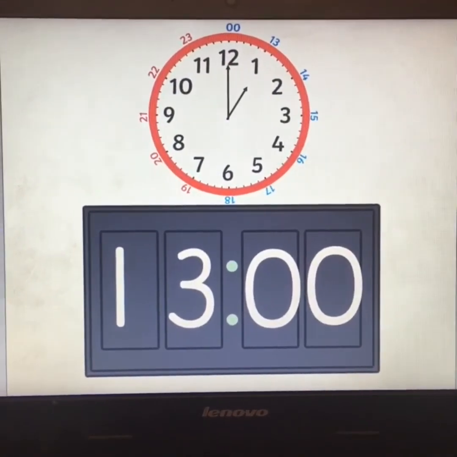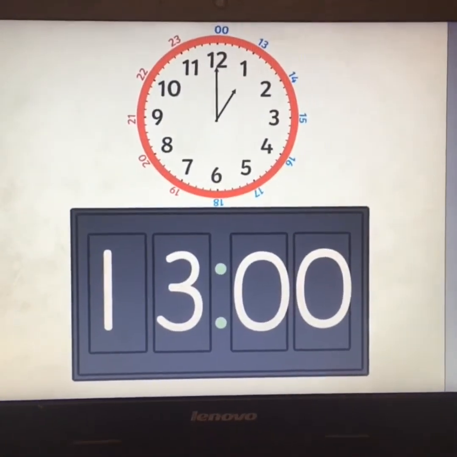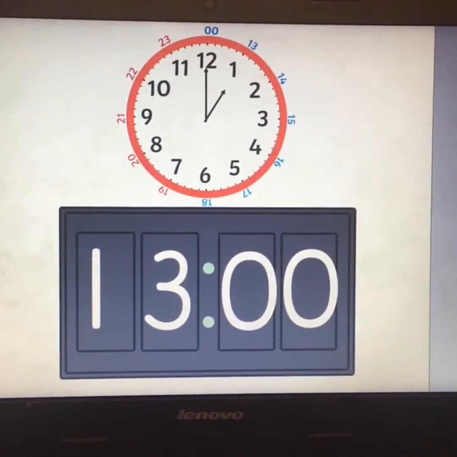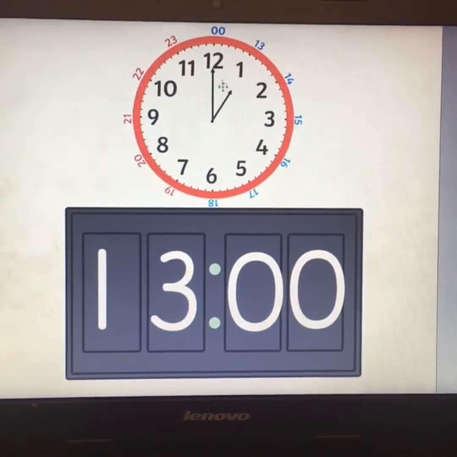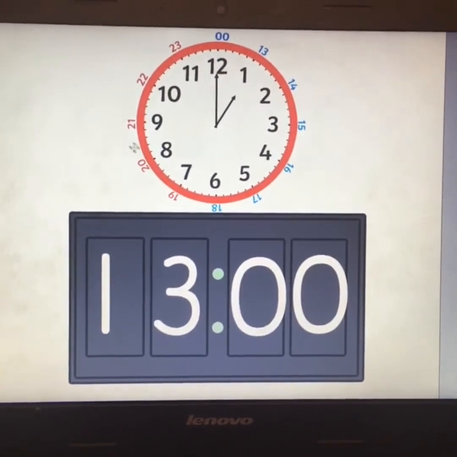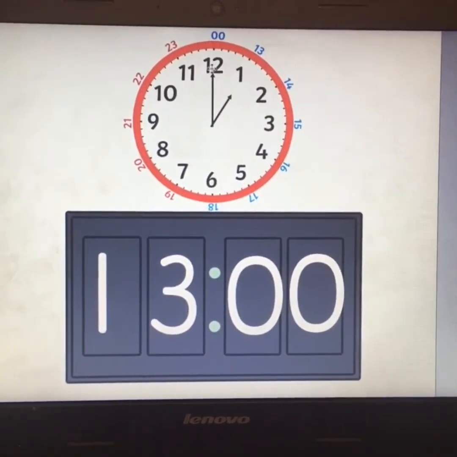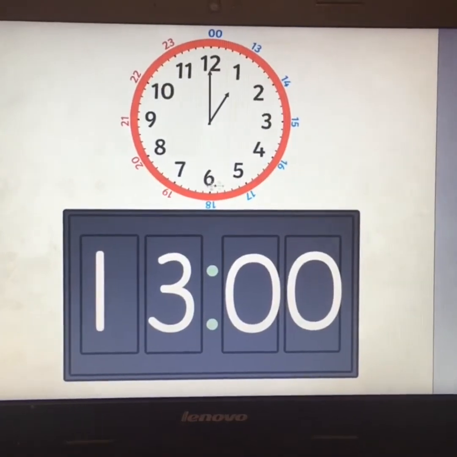The other thing that a digital clock can do is it can start telling the time in 24-hour format, okay? So when we get all the way around to 12 o'clock at midday, we've already had 12 hours of the day. When we then go to 1 o'clock in the afternoon, 1 o'clock PM, we've had 12 hours.